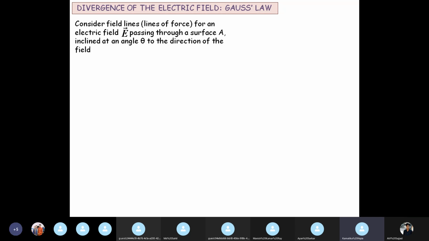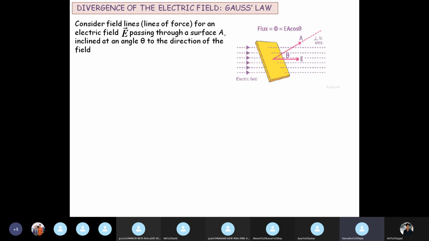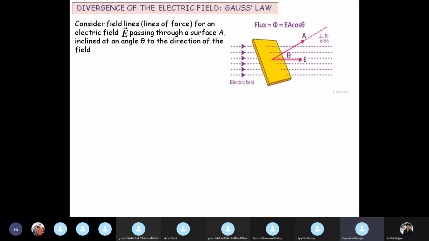Now let us consider field lines, that is lines of force, for an electric field that passes through a surface A inclined at an angle theta to the direction of the field. Alright, so let's see the picture. This is it. We have these purple lines here. I've taken this picture from the internet. These purple lines represent our electric field.